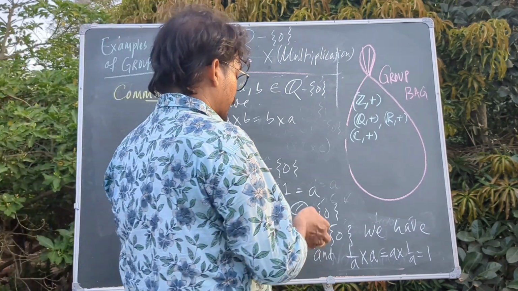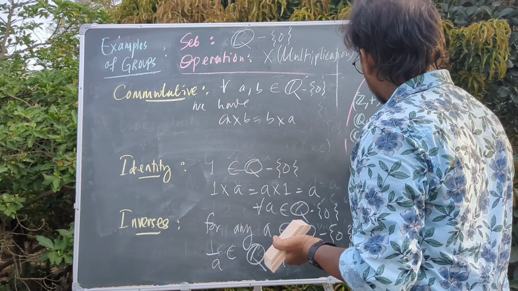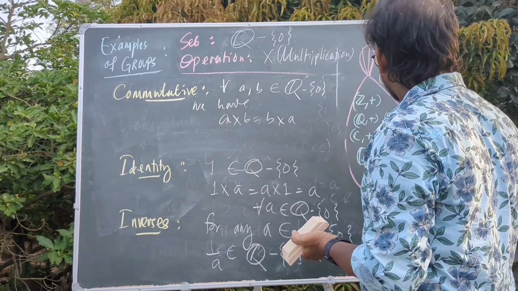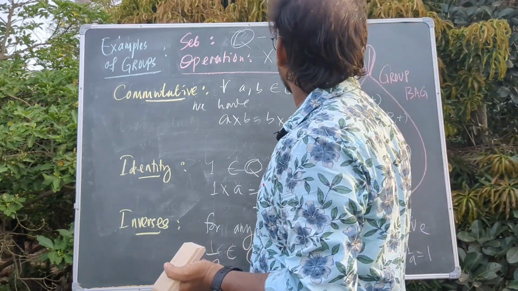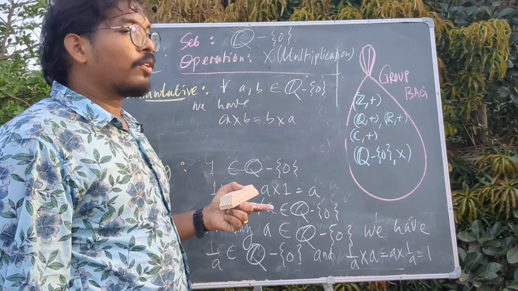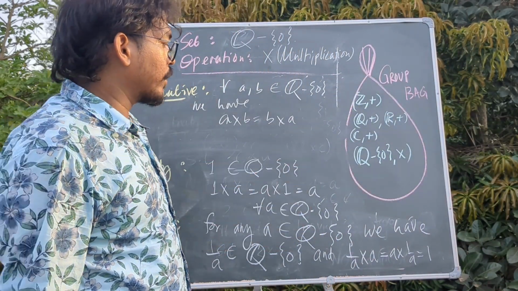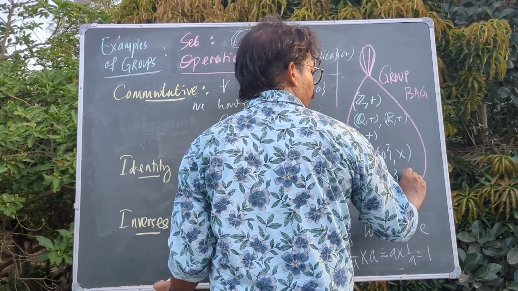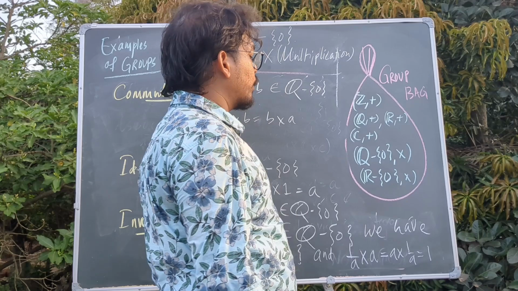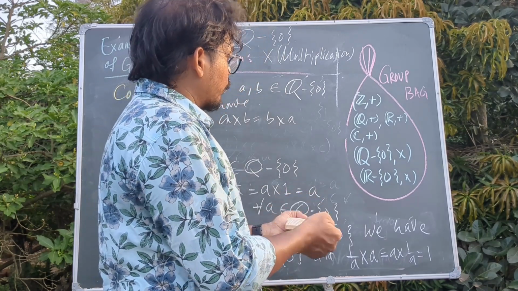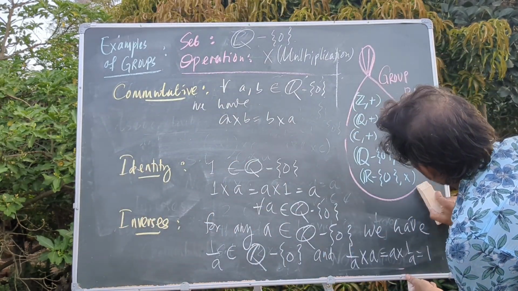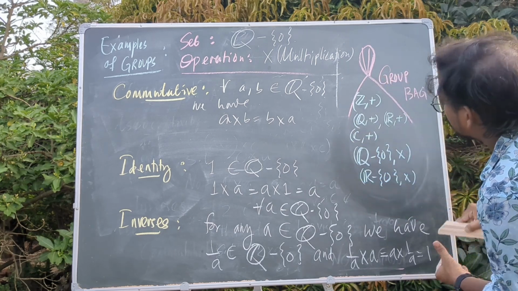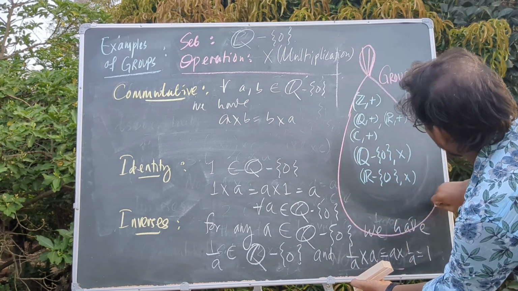So in this bag we have the set of non-zero rationals under the operation multiplication, and the set of non-zero reals under the operation multiplication is also a group, and we have to make this bag a bigger one. I will hand over this bag to you at the end of this video.